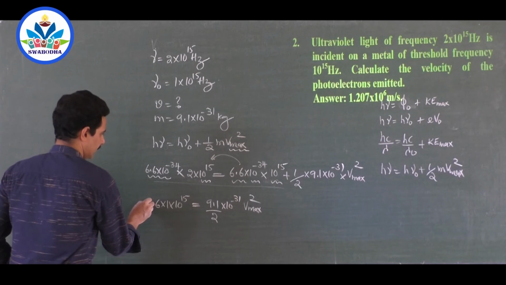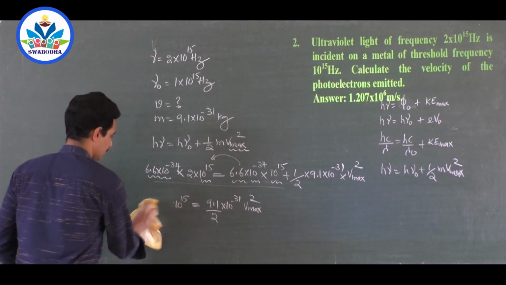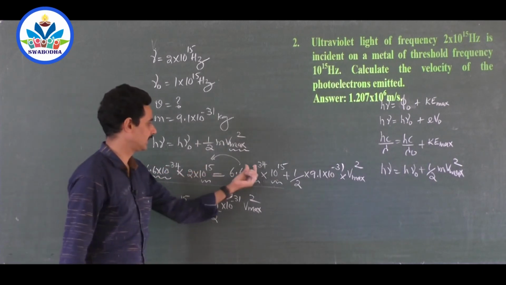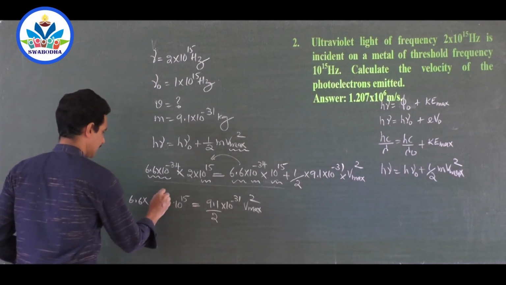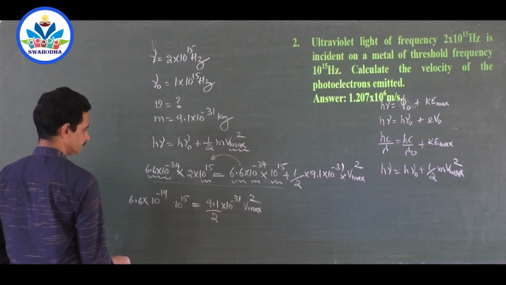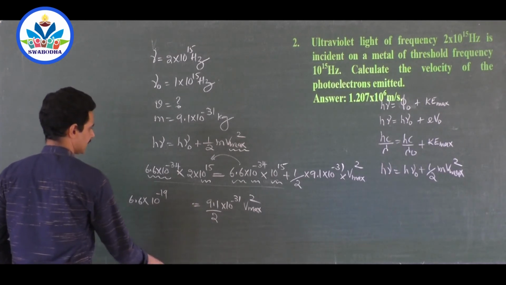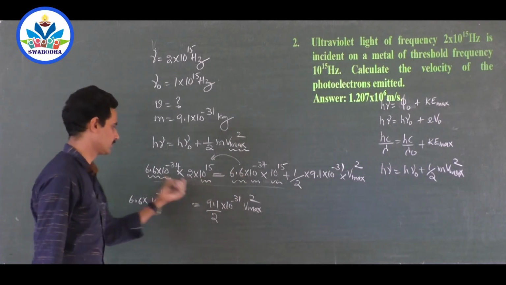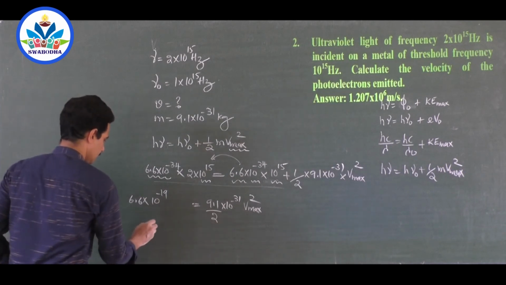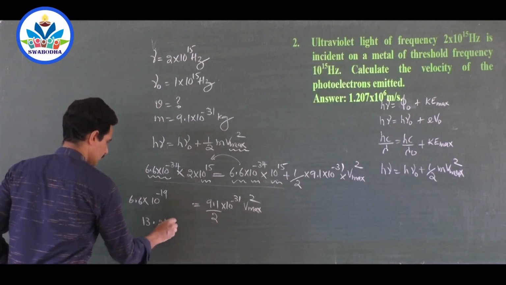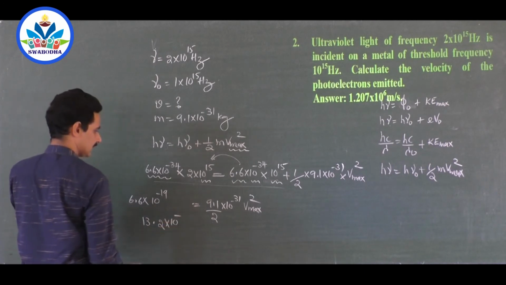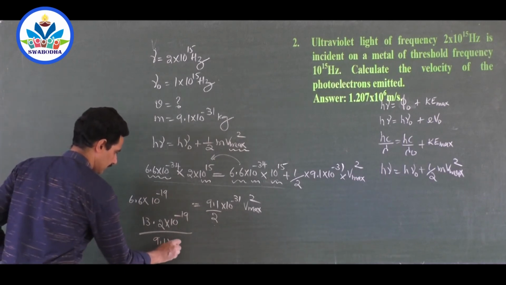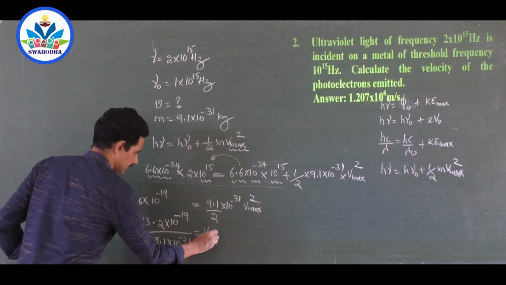Oh, one thing is forgotten: 6.6 into 10 to the power minus 34 plus 15 minus 19. 2 minus 1 is 1. Now bring this 2 here: 13.2 into 10 to the power minus 19 divided by 9.1 into 10 to the power minus 31 is equal to V maximum square.